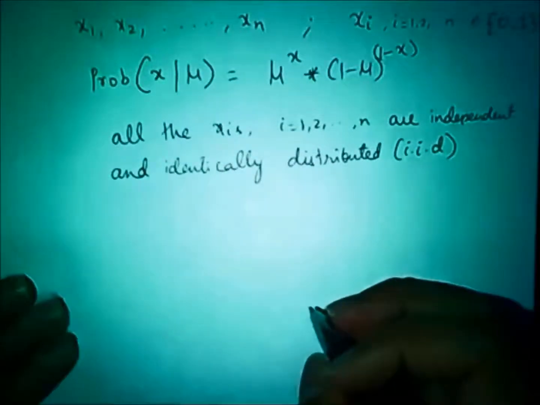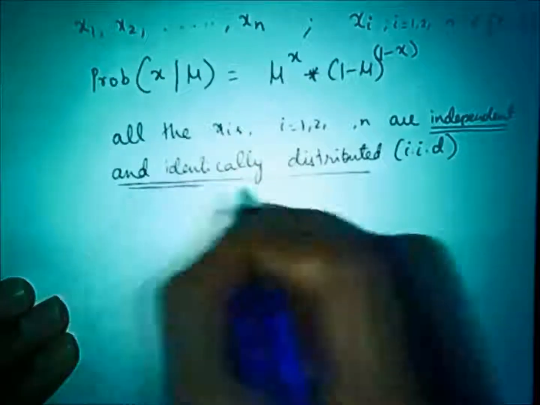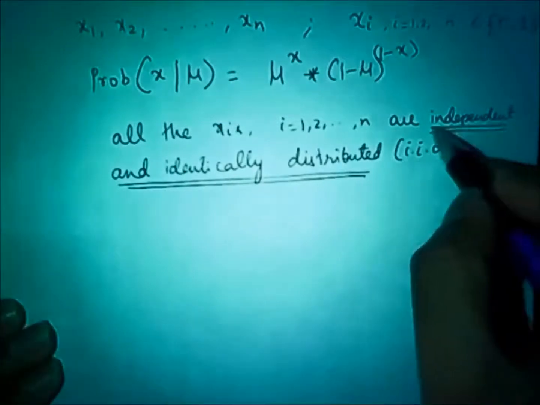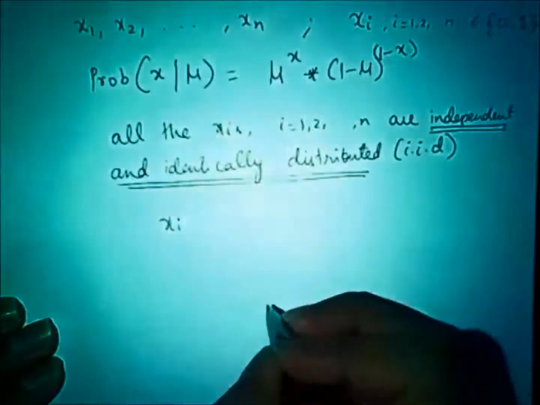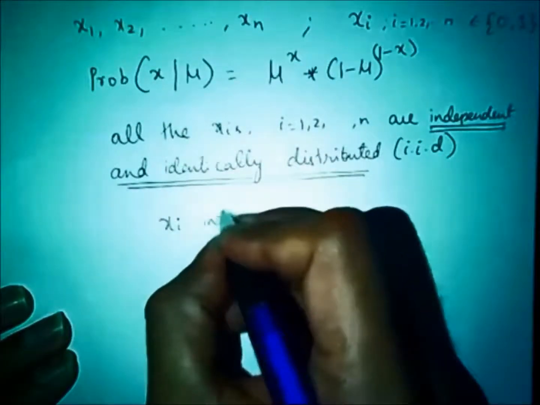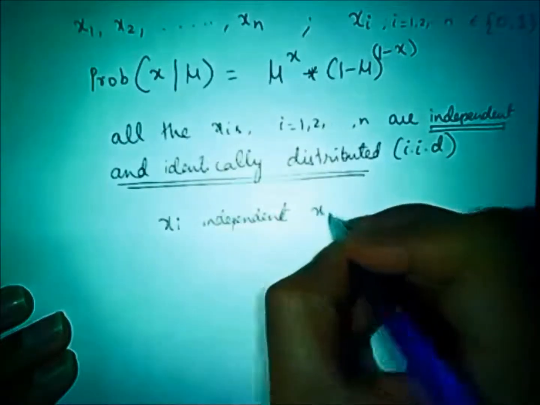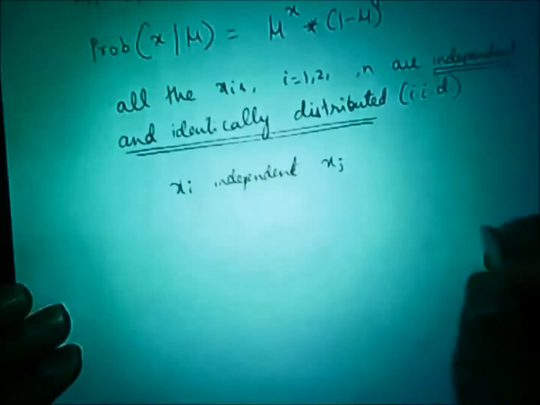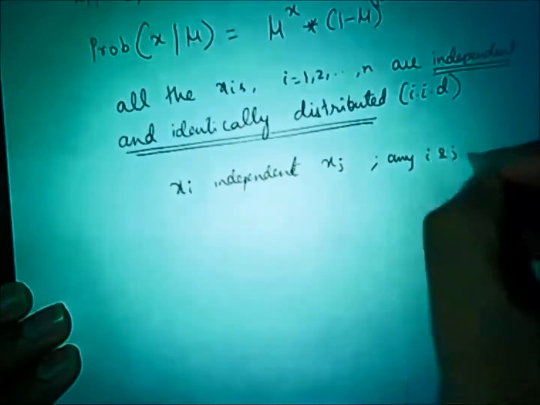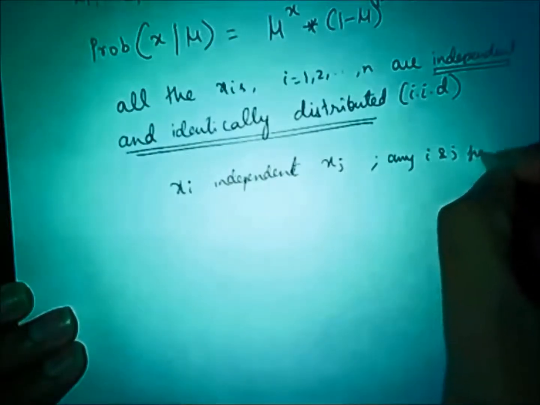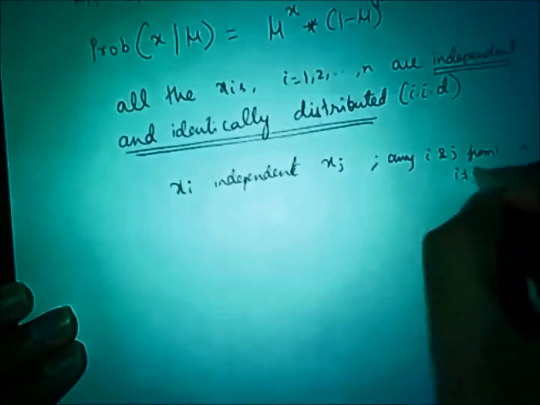So what independent and identically distributed means is that when I say independent, it means that the outcome of xi is independent of the outcome xj for any i and j from 1 until n when i is not equal to j.